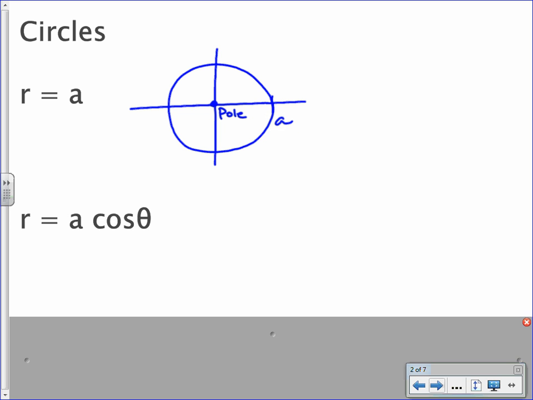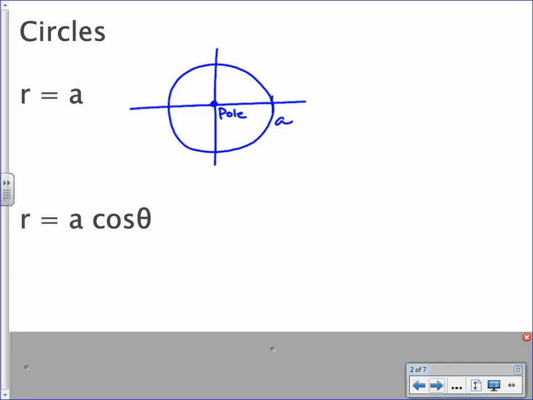What about if we have a coefficient in front of cosine theta? Where does our circle go? Okay, it goes to the right or left of the pole. So we're going to say that this is a positive a, which means it would go to the right, right?